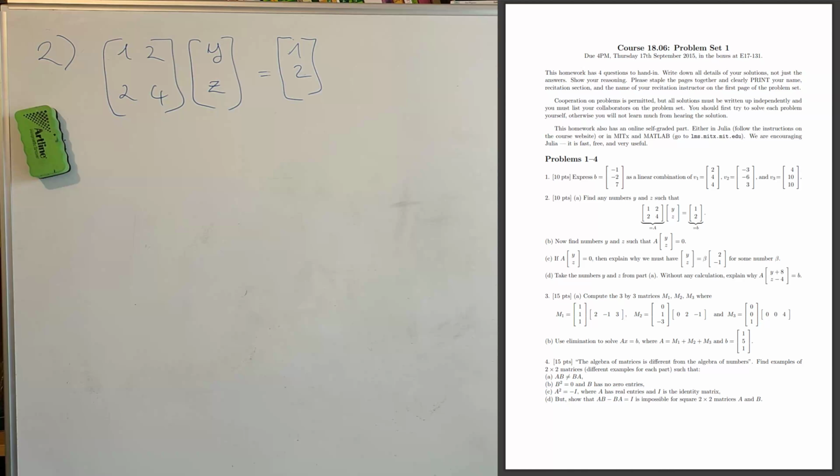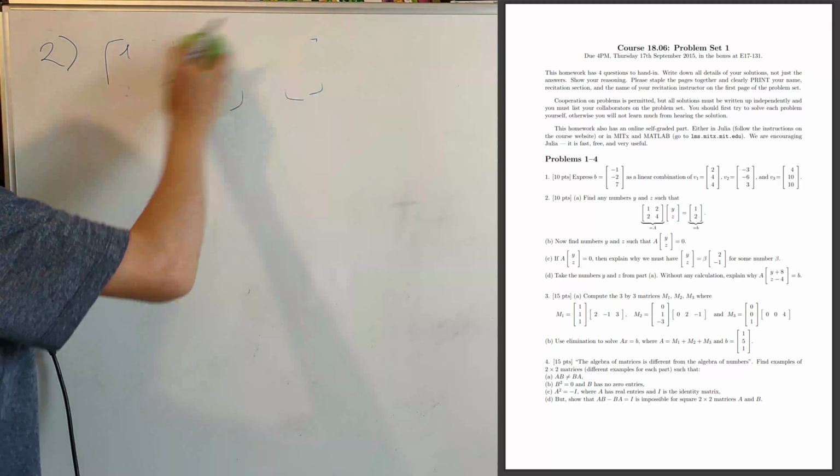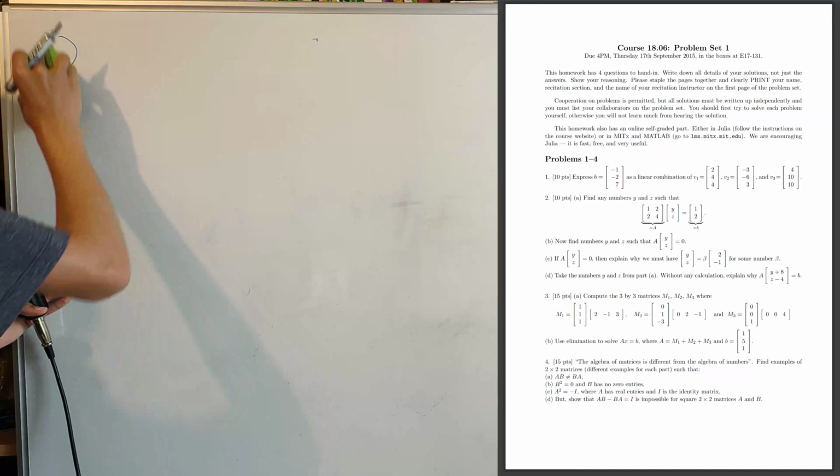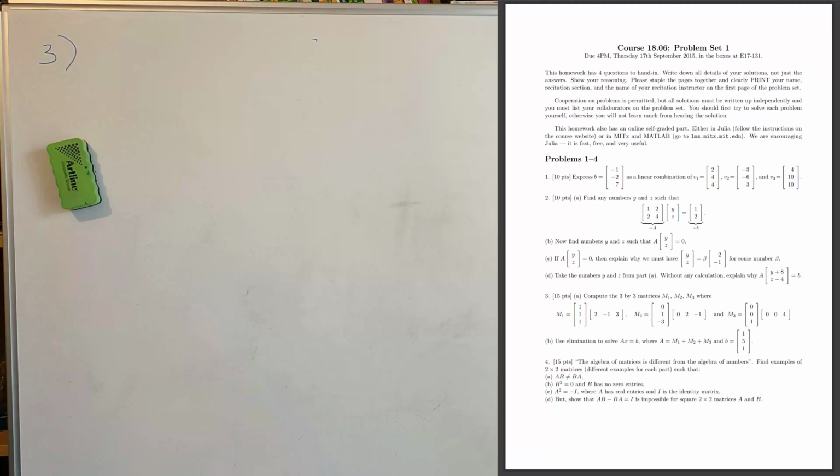Then the third one, 15 points: compute 3 by 3 matrices M1, M2, and M3, where M1 equals this and M2 equals this. Except for the last part of the second question, the homework is pretty easy, I think.